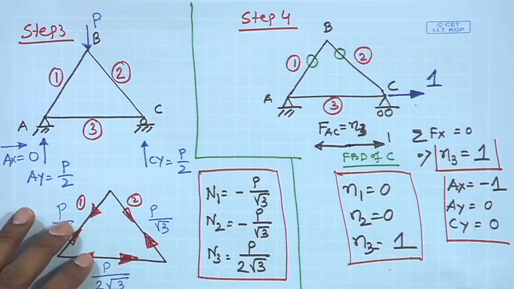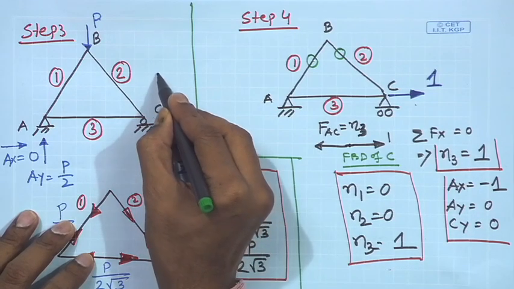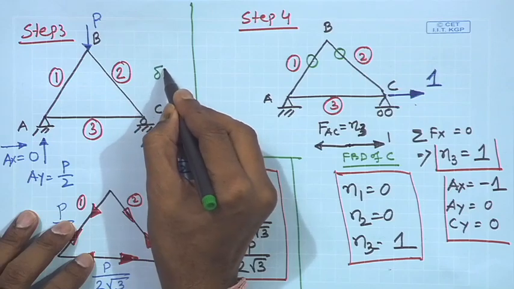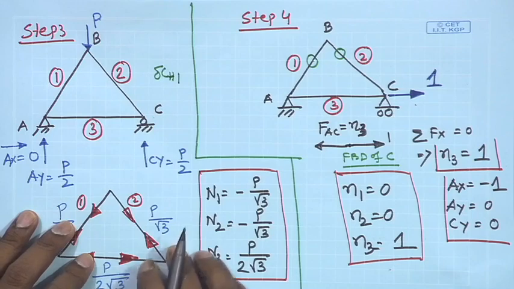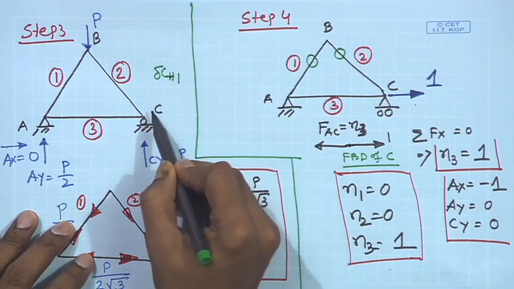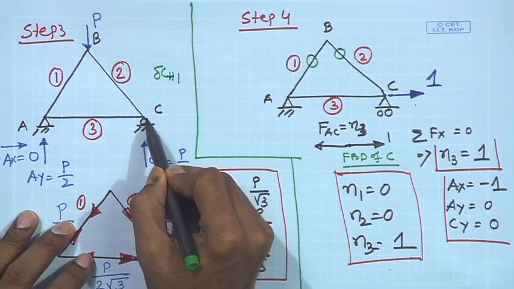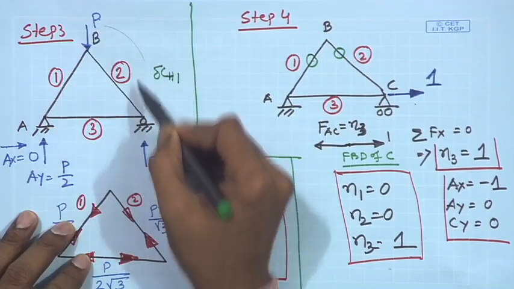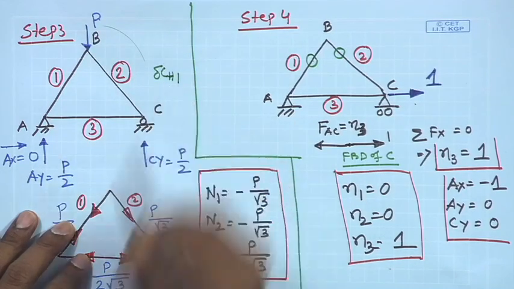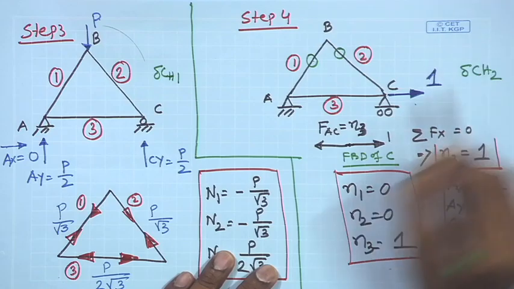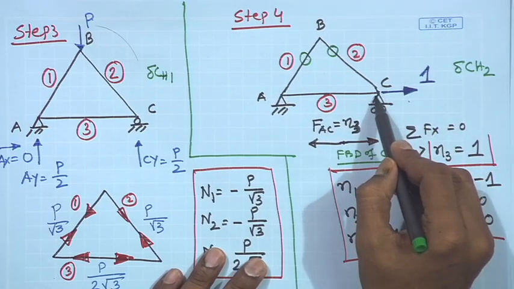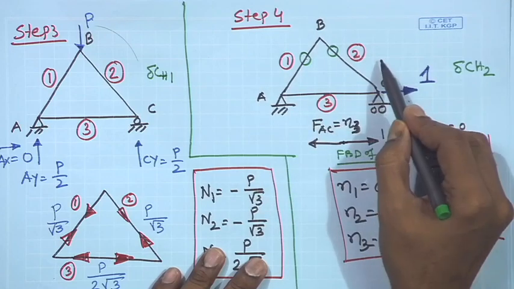Suppose this is delta C H 1, meaning the horizontal displacement at C in this structure is equal to delta C H 1, and suppose this is delta C H 2, the horizontal displacement at C in this structure.